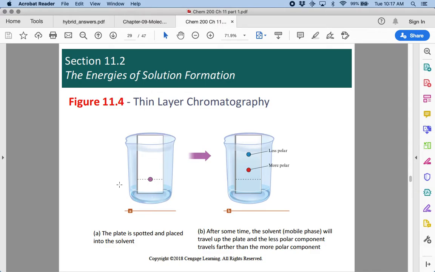You can play with different polarities of your solvents, but over time capillary action, like a wick, would suck the solvent from the bottom up to the top. As that happens, whatever material was in the spot that you put here will travel with the polar solvent. The less polar material in that mixture, the purple dot, will be lower because it's not as polar. More polar material needs more polarity to pull it up farther. The less polar solvents will travel further.